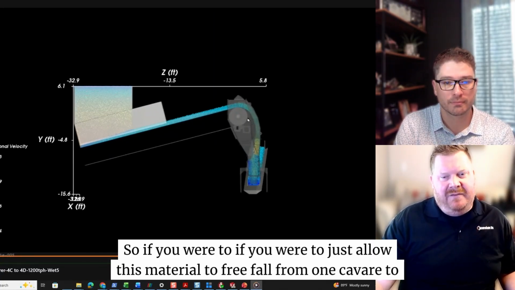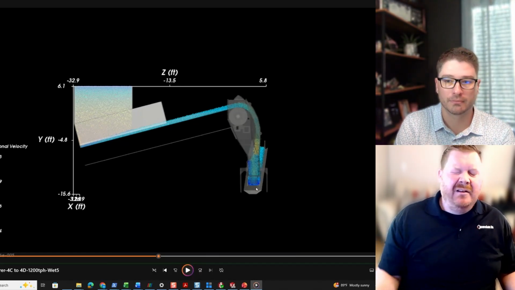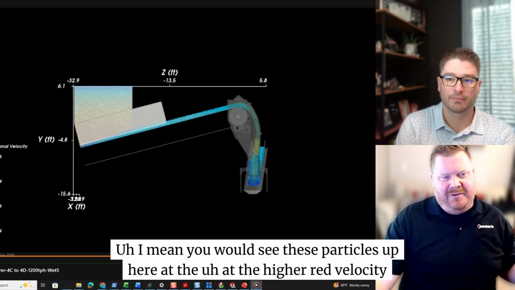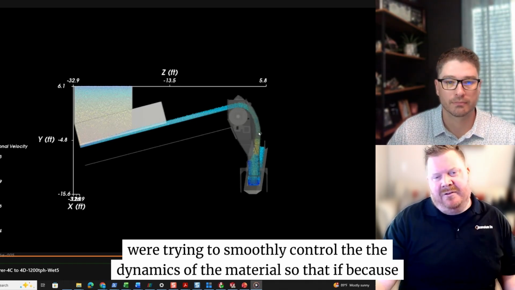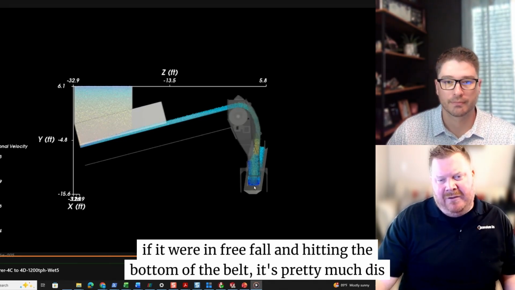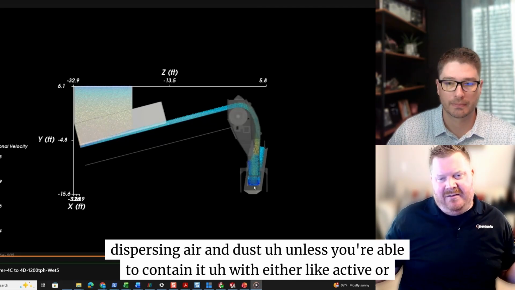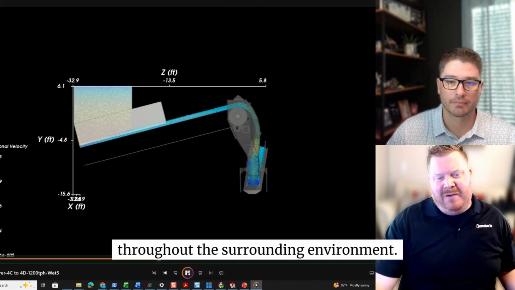If you were to just allow this material to free fall from one conveyor to the other, and splash at the bottom, you would see these particles up here at the higher red velocity. We're trying to smoothly control the dynamics of the material, because if it were in free fall and hitting the bottom of the belt, it's pretty much just dispersing air and dust, unless you're able to contain it with either active or passive dust control throughout the surrounding environment.